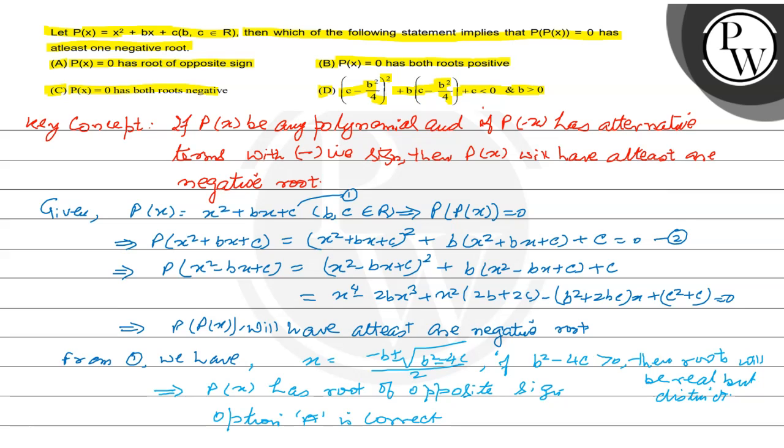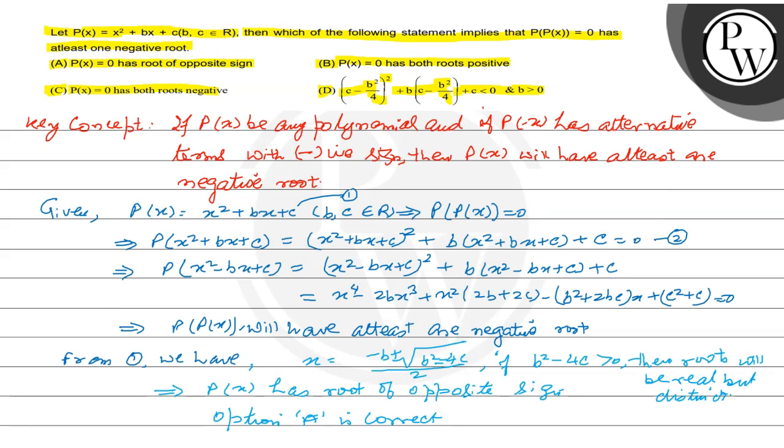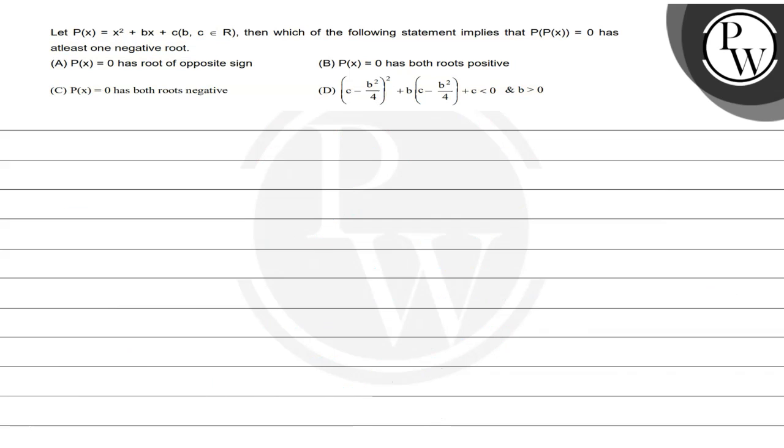Now come to the second, B part. B says that P(x) has both roots positive. P(x) is given as x square plus bx plus c, and if I put it equal to 0, its discriminant D is b square minus 4ac.